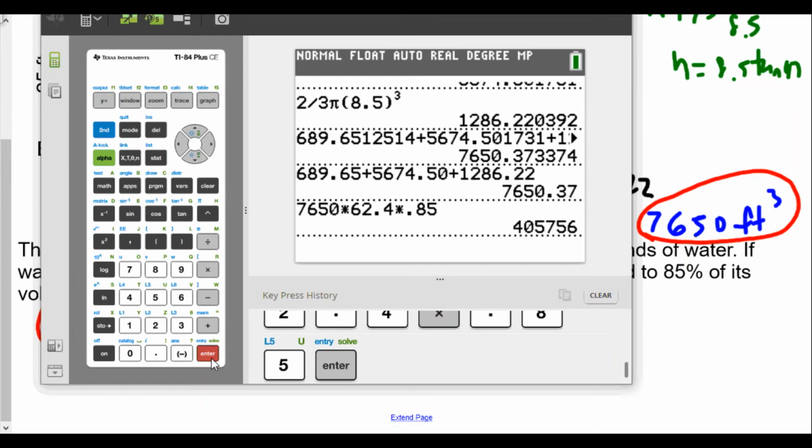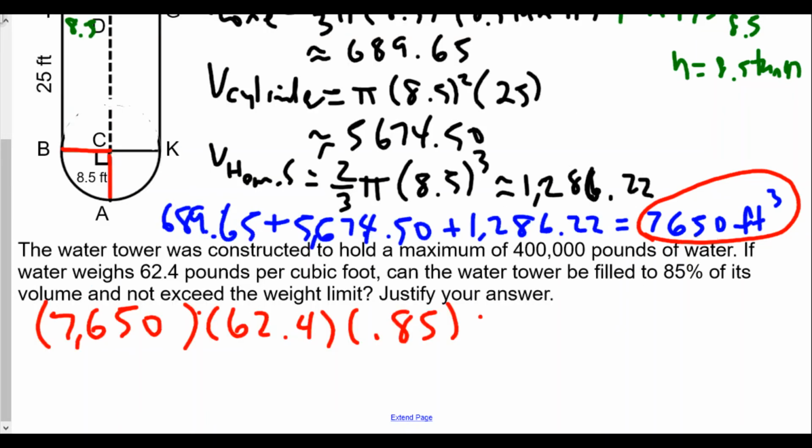And so we get 405,756. So the weight is 405,756 pounds of water.